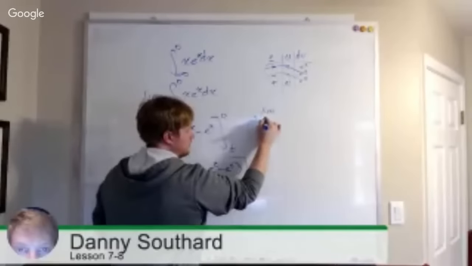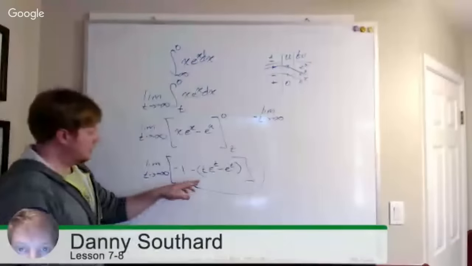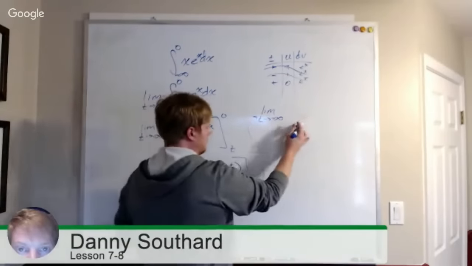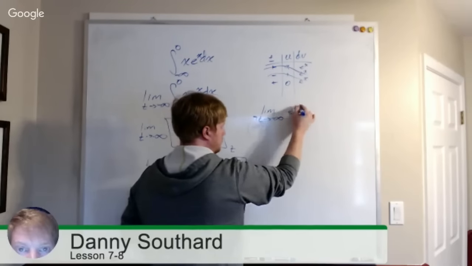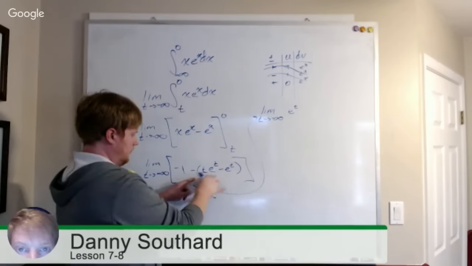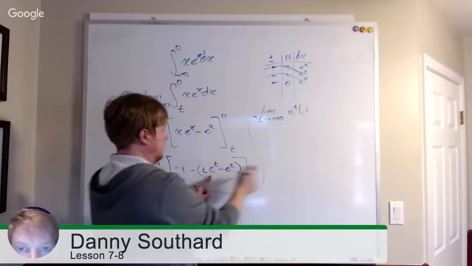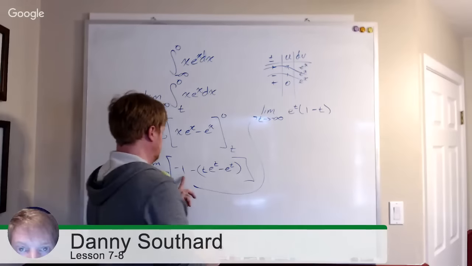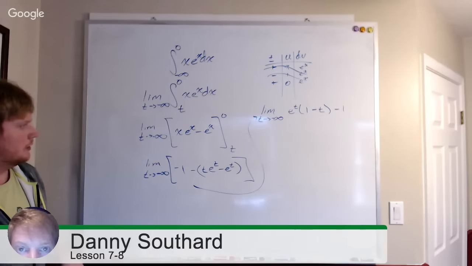So the limit as t goes to negative infinity of, I want to pull out an e to the t. e to the t times (1 minus t) minus 1. That looks better to me.